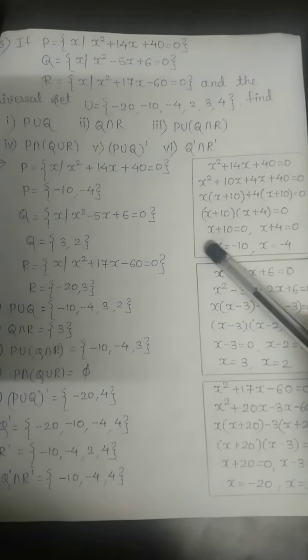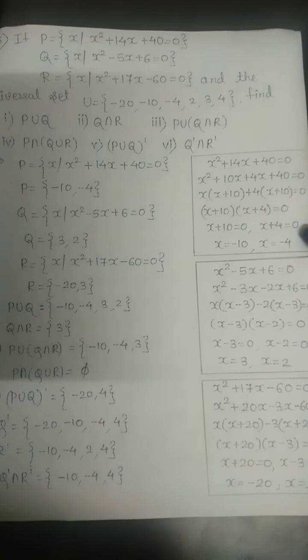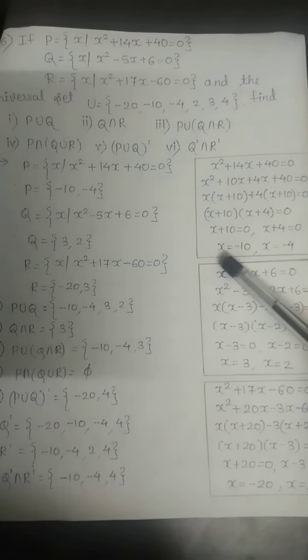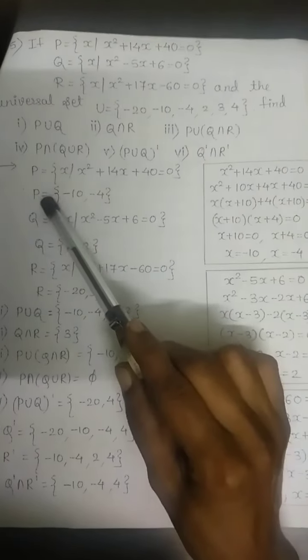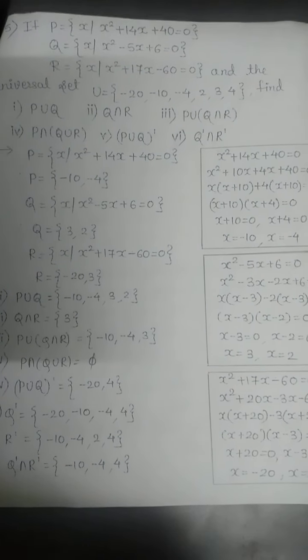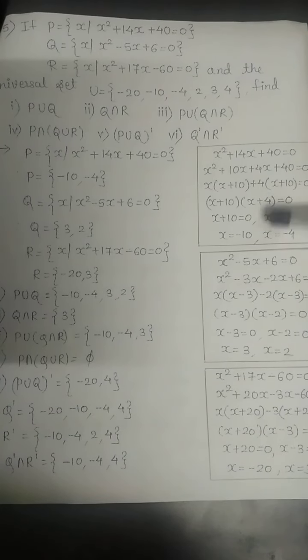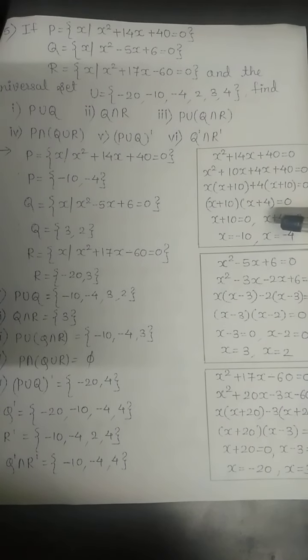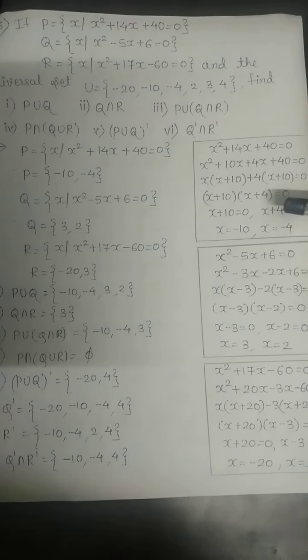So x plus 10 is equal to 0 or x plus 4 is equal to 0. So the values of x are -10, -4. So P is the set containing two elements, -10, -4. I hope you all know how to find the roots of a quadratic equation. You already learned this concept in the previous standard.